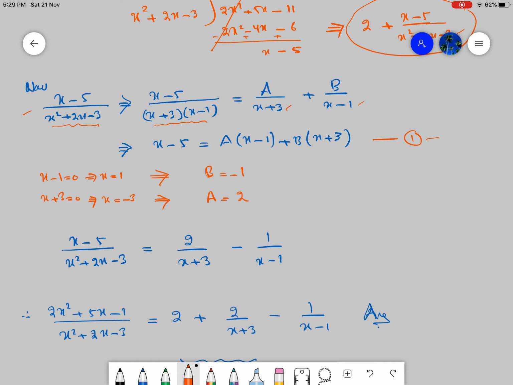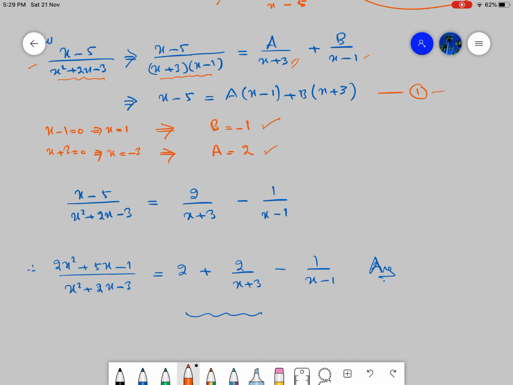In the denominator there are two factors, x plus 3 and x minus 1. When x minus 1 is equal to 0, x is equal to 1, and this gives you the value of B once you insert x equal to 1 in equation 1. From x plus 3 you get x equal to minus 3, and this leads you to the value of A, which is 2.